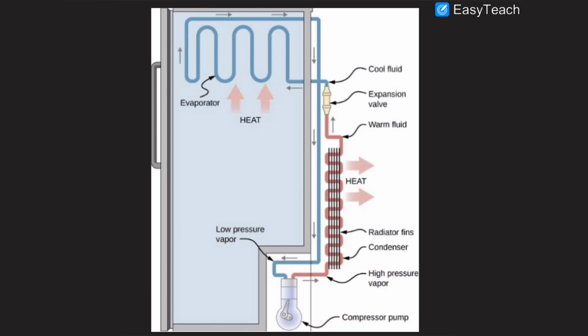Now the thing which we have to cool down is kept inside the refrigerator. Let us suppose that we have kept a beaker which contains some amount of hot milk, and heat is being released by that hot milk. You have seen a black round device called the compressor, which is kept at the back of the refrigerator.